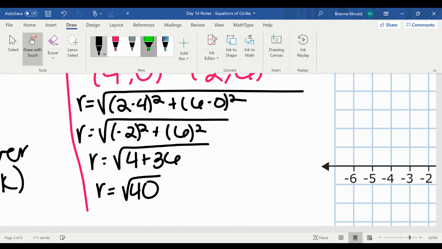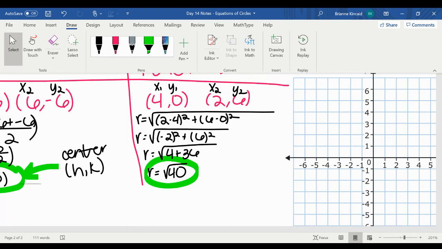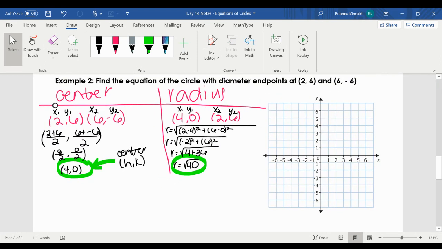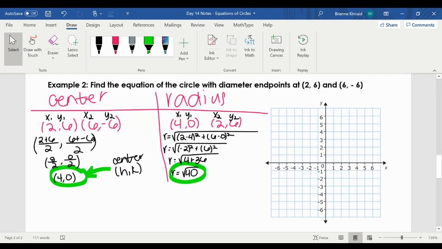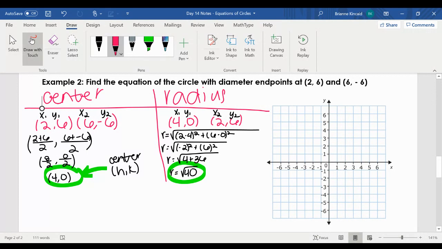Remember, you don't want to actually plug that into your calculator because we are just simply looking for the equation here. I am going to graph it and make sure it makes sense. So (2, 6) and (6, negative 6) for the endpoints of my diameter with my center at (4, 0).